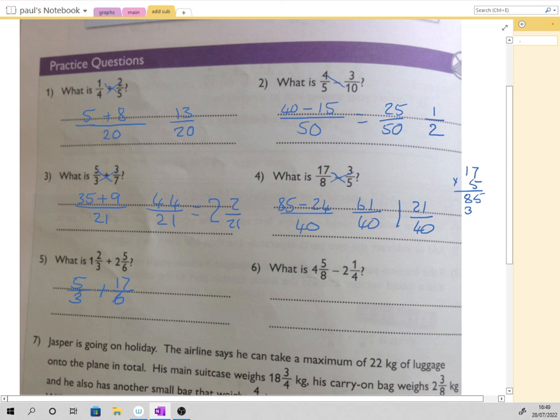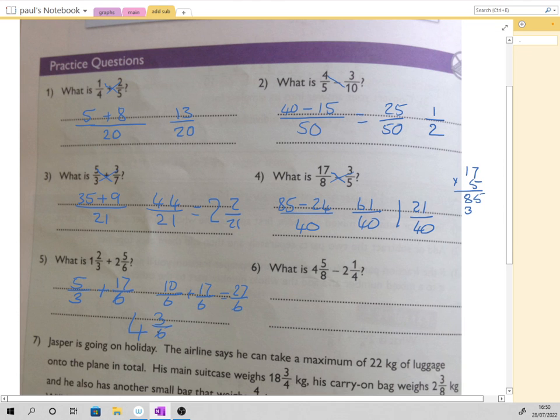So if I double that, I get 10 over 6 plus 17 over 6, which equals 27 over 6. And top heavy, 6 into 27, 4 6s are 24. So it's 4 and 3 over 6.